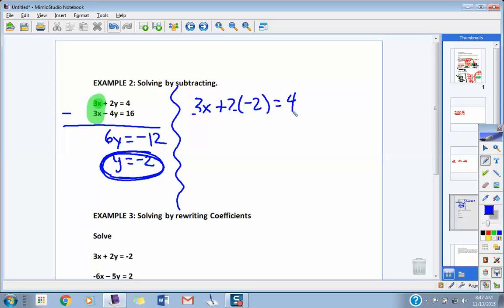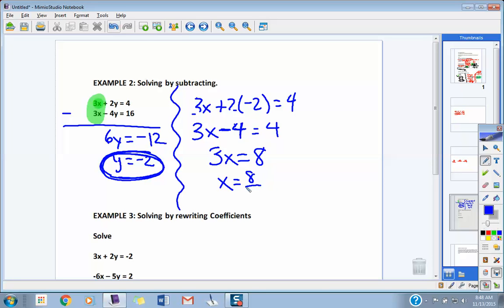Okay. So this is now 3x minus 4, isn't it? So 3x equals 8. Let's see, is 3 going to divide evenly into 8? It'll be kind of ugly, isn't it? So let's just leave that as a fraction. Call it what over what here? Other way around. 8 over 3.